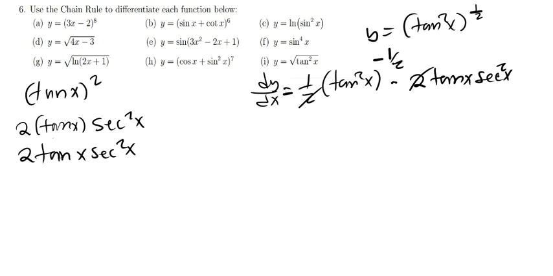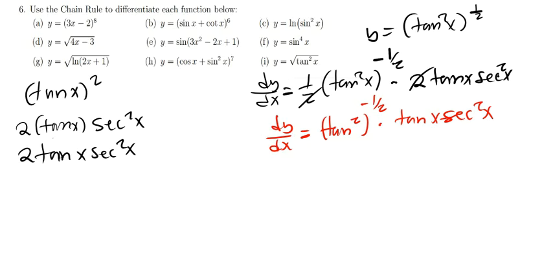Then we have remained with dy over dx will be equal to, there is just 1, so meaning I have got tan x squared raised to the power negative half times tan x sec squared x.